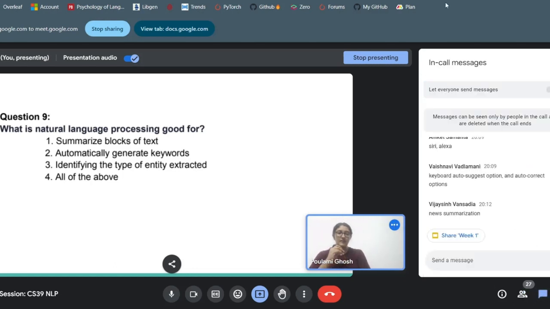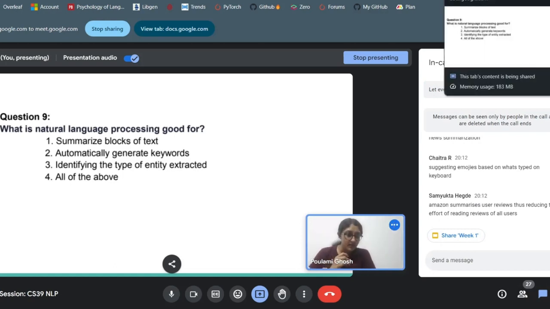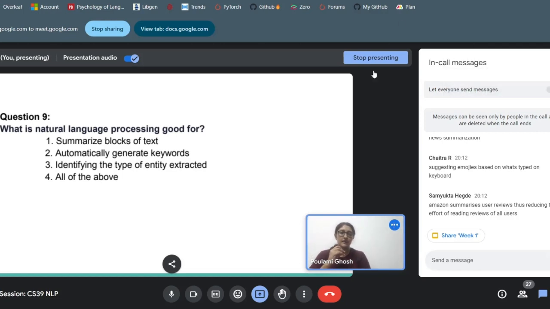Samyukta is saying Amazon summarizes user reviews, thus reducing the effort of reading reviews of all the users. Yes, that is one more application. Say you have bought something new from Amazon or Flipkart and given a review; reviews are categorized.